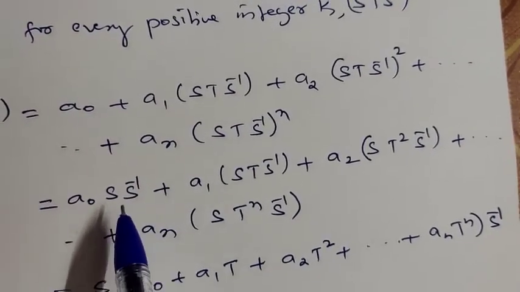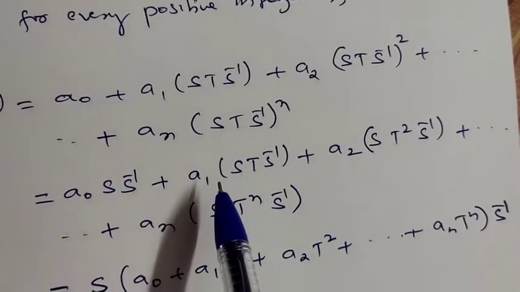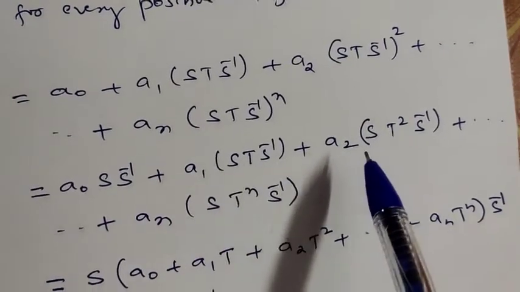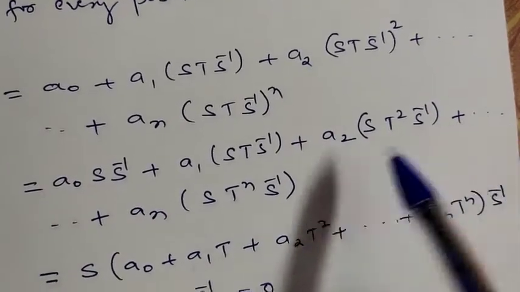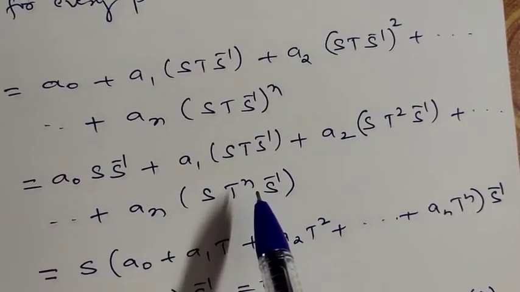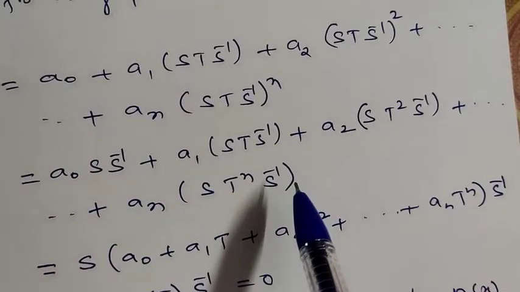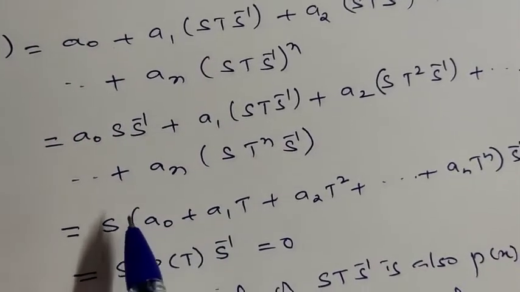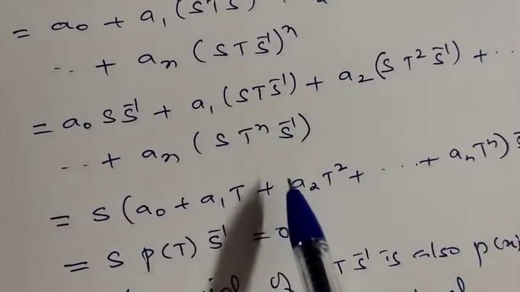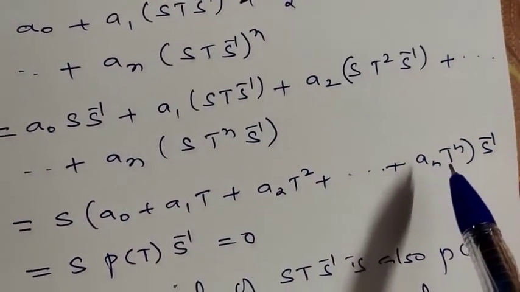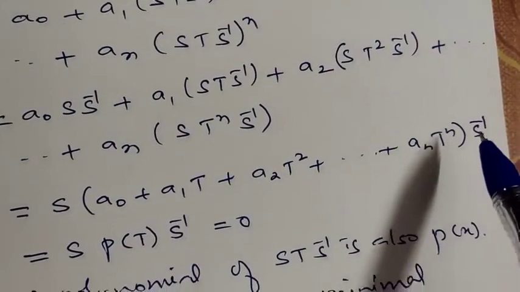So a0 into s s inverse plus a1 into s t s inverse plus a2 into s t square s inverse and so on, an into s t power of n into s inverse. So this can be written as s into a0 plus a1 t plus a2 t square and so on, an into t power of n, into s inverse.